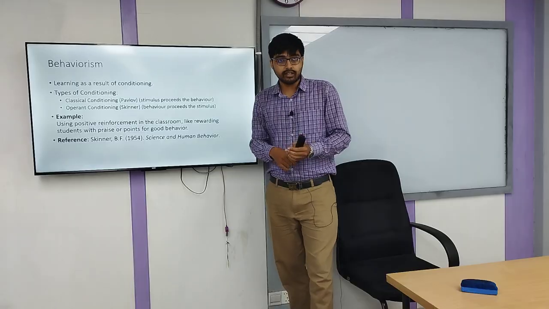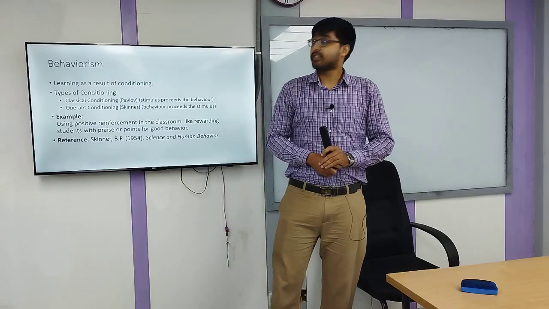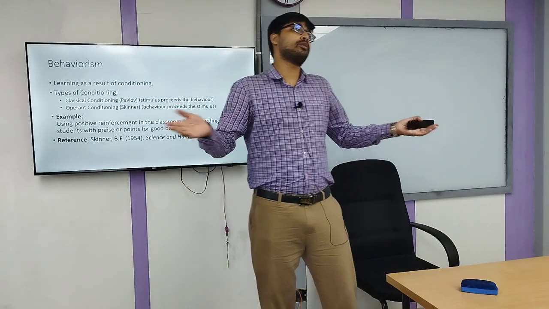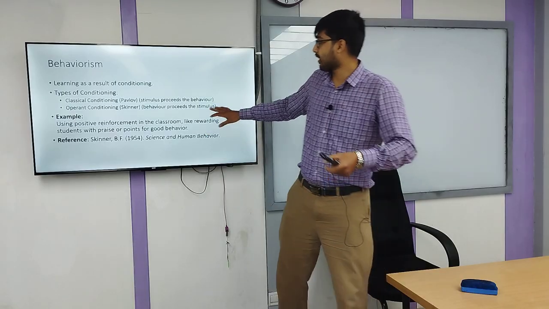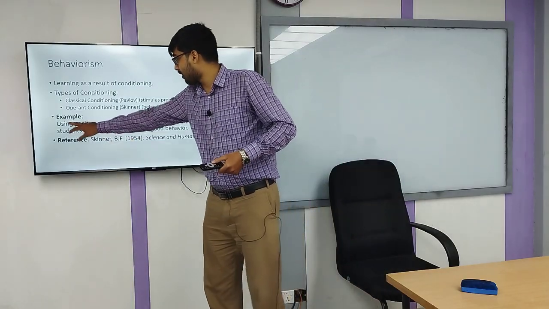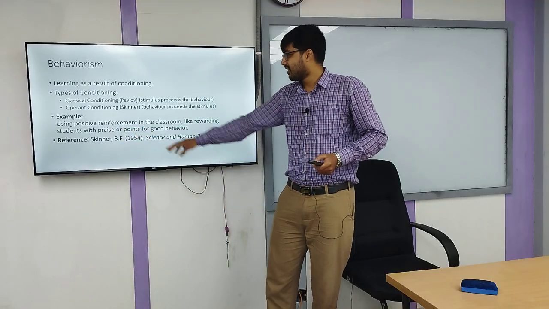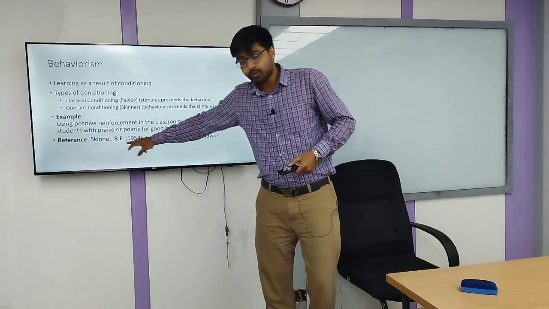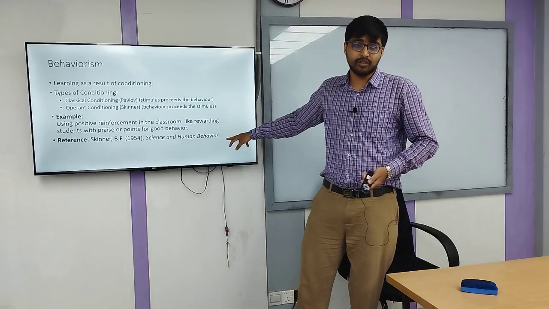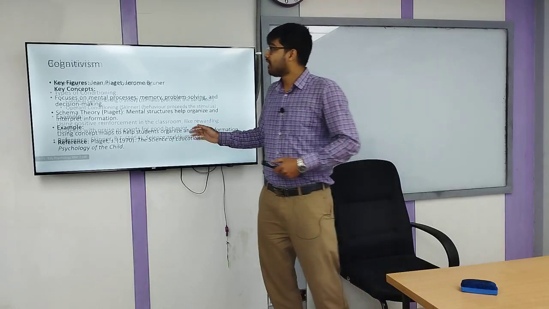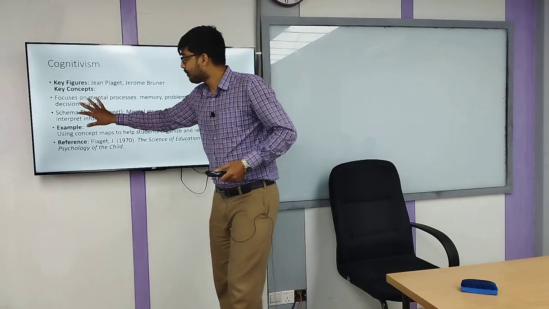If I ask in the examination to compare and contrast Skinner and Pavlov, this will be the answer, and you will make it up. Some references are here, you can always check. This book is available on the internet. Okay, cognitivism now.